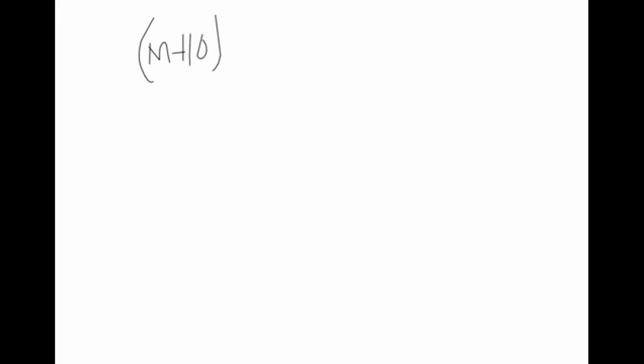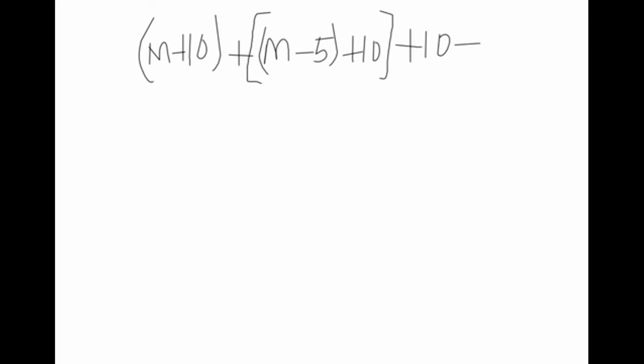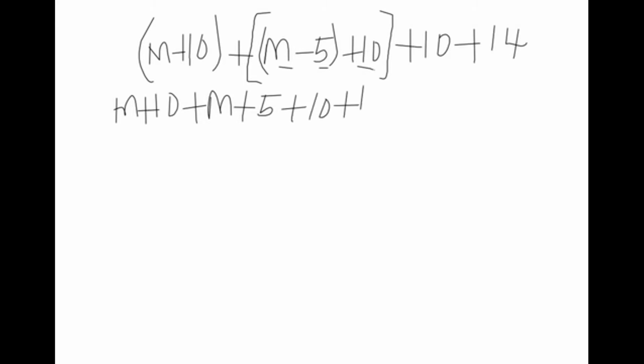Then plus M minus 5 plus 10, plus 10 for Tina, then plus 14 for Ahmed. So we have M plus 10 plus M minus 5 plus 10. Negative 5 plus 10 is like 10 minus 5, which is 5. Then plus 10 plus 14.